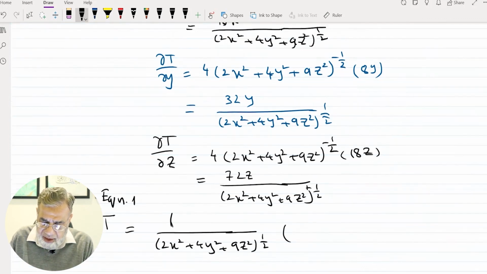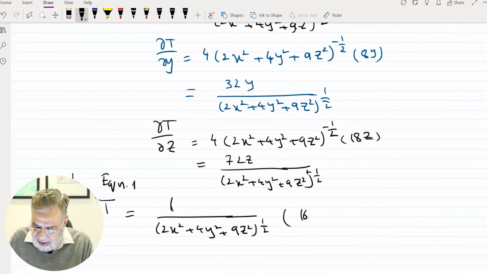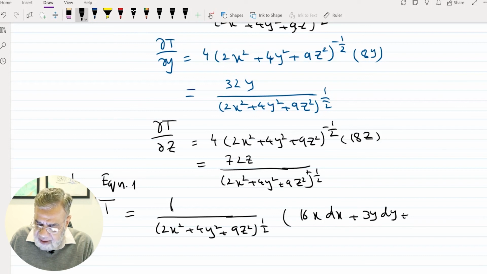Now in my dx we get 16x into delta x. We say dx, and delta x we can write later. Here dx plus 32y dy plus 72z dz. So it's my formula.